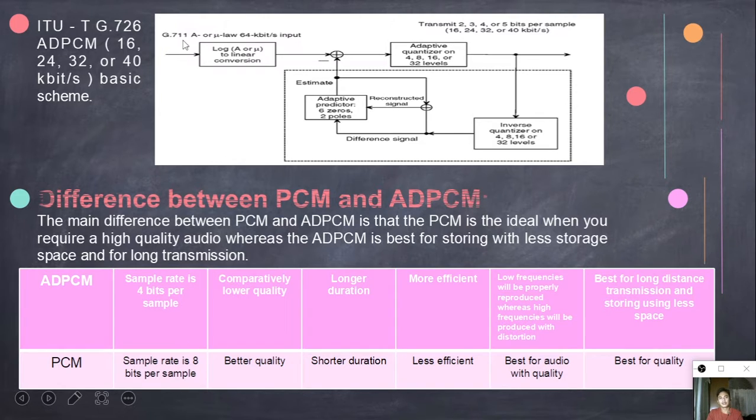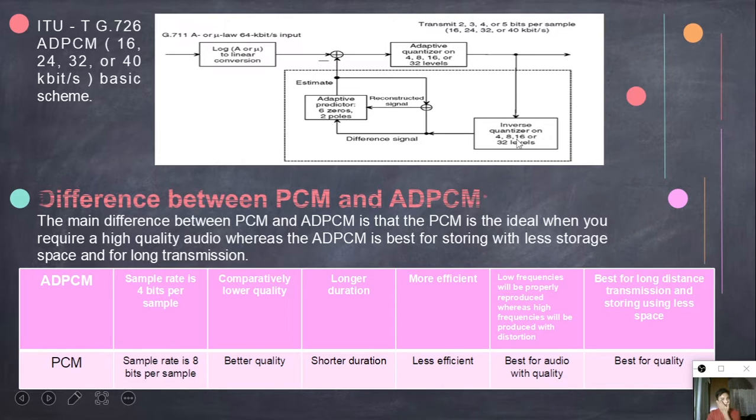So G.711 A-law or μ-law 64 kilobit per second input, A-law or μ-law to linear conversion. Then it goes to the adaptive quantizer on 4, 8, 16, and 32 levels.